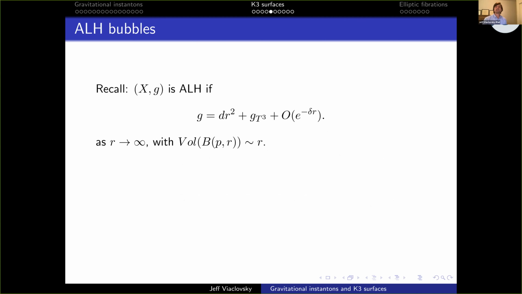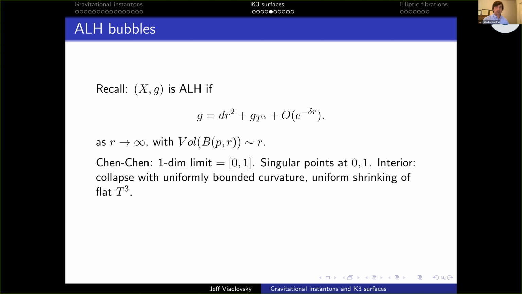In the next case, I'm going to skip ALG, we'll come back to that. I'm going to go to ALH. This was the case which was asymptotically cylindrical on a flat 3-torus cross section. Chen showed that there are sequences of Ricci-flat metrics on K3 which have a one-dimensional limit, which is just a closed interval. So their singular points are only at the endpoints.